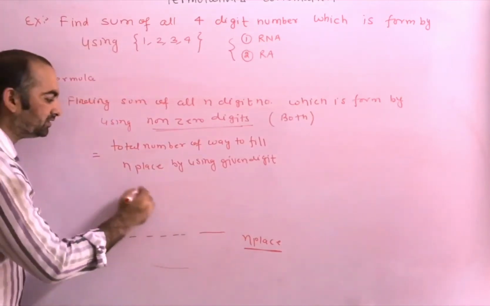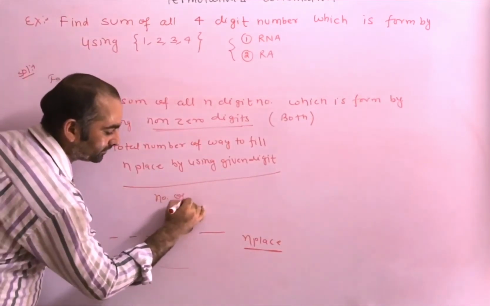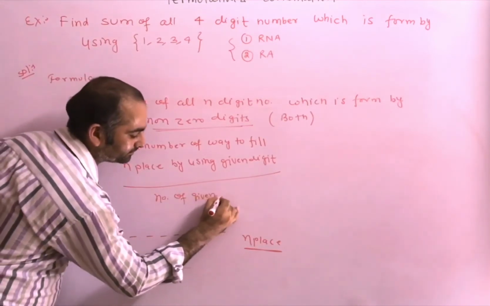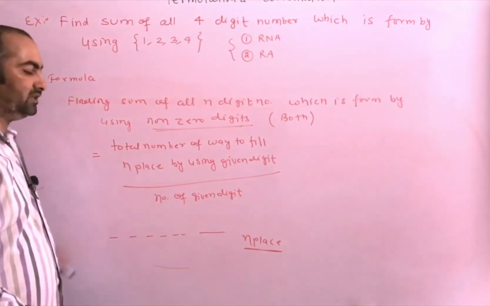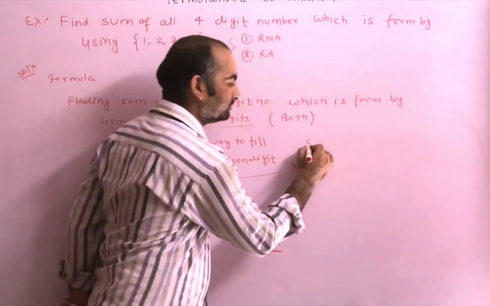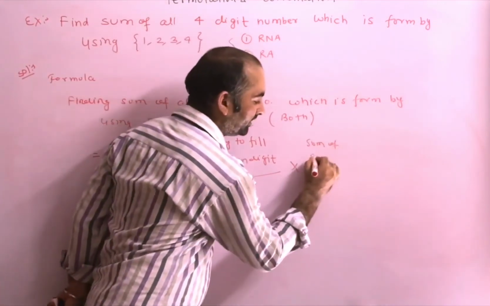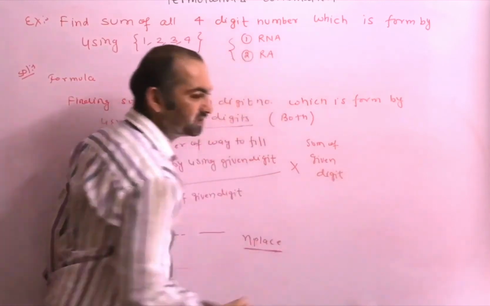After that, this one we have to divide by the number of given digits. And this whole thing we have to multiply with the sum of given digits.